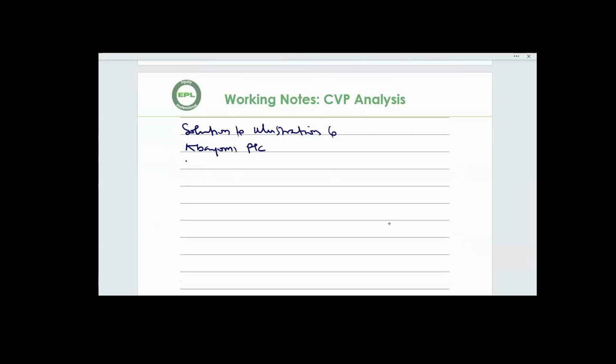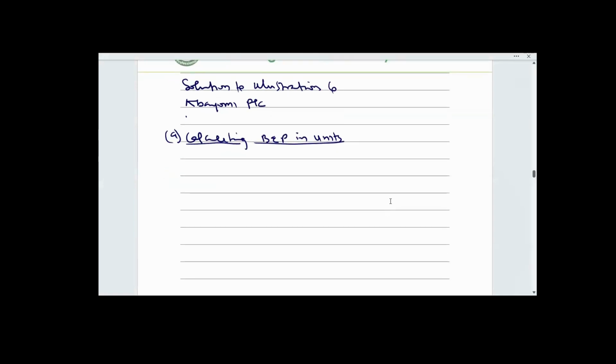Number A, requirement of the question: you are to determine the break-even sales in unit for each of the products. So just follow the 5 procedures. Number A, calculating break-even points in units for each product. So let's follow the 5 procedures.